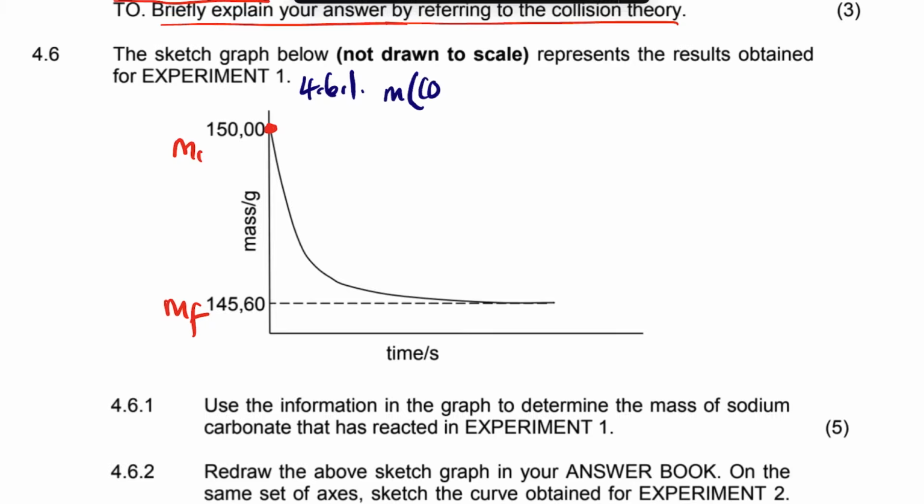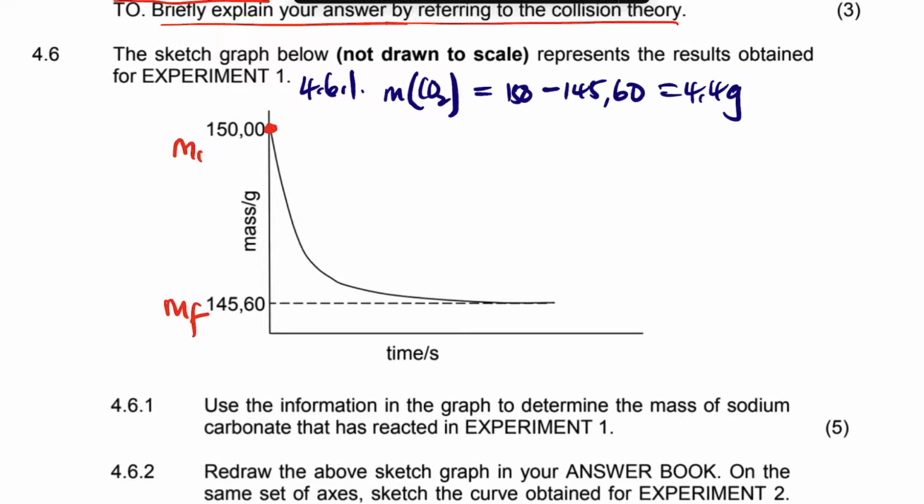This is the mass of carbon dioxide, which is the initial mass minus 145.60, which, when I punch that in the calculator, gives me 4.4 grams. That's the mass of carbon dioxide released.